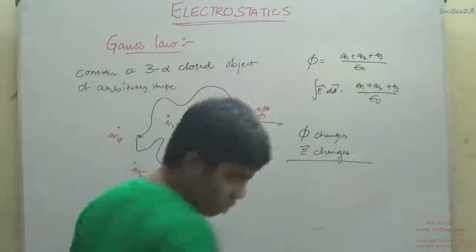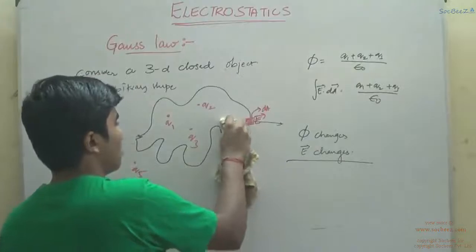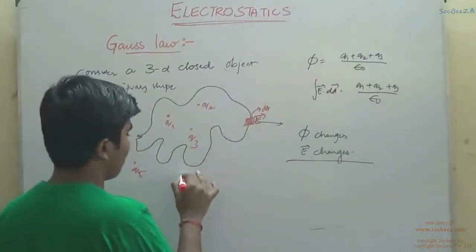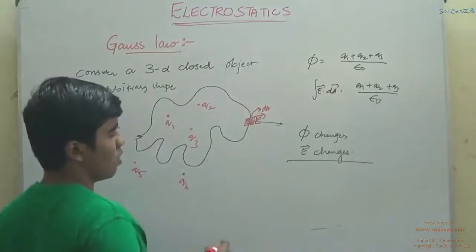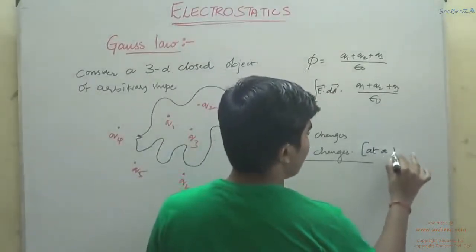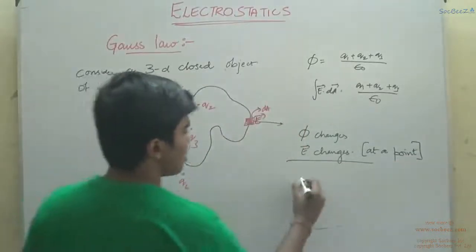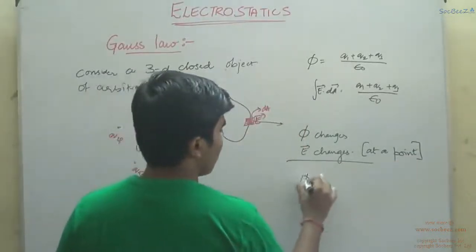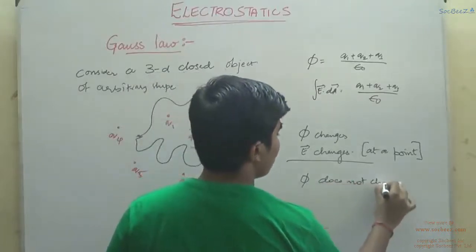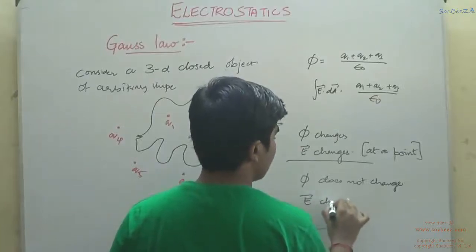But what if I do not include this Q6 charge inside, and I include it somewhere here? Here I am speaking about the electric field at a point. Now in this case, phi does not change, but the electric field changes.